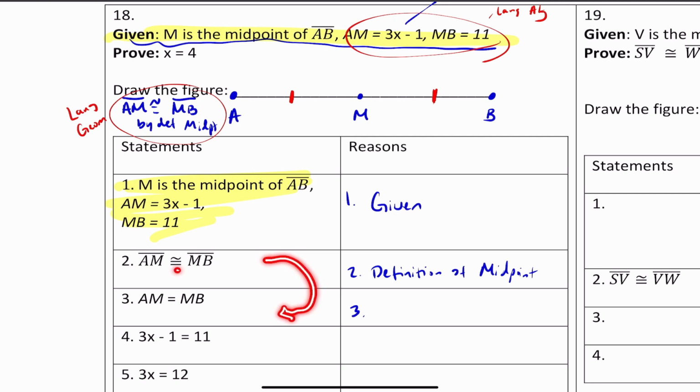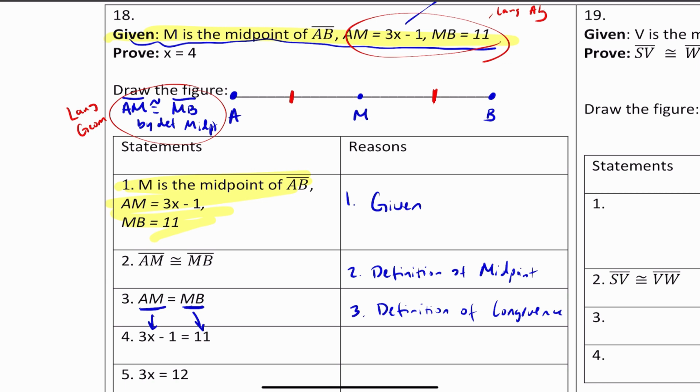Notice the segment bar is gone for each, and I'm using the equal sign. That implies I'm using the definition of congruence. Now, I'm going from AM to 3x minus 1 and MB to 11.